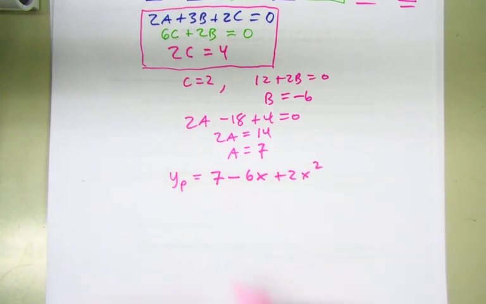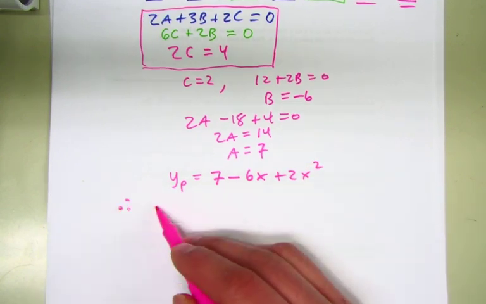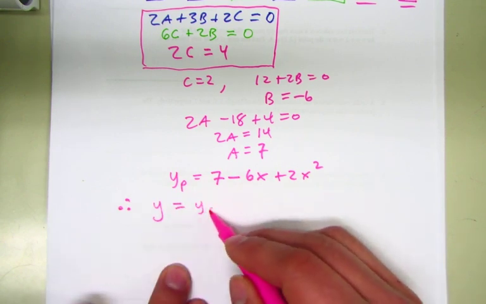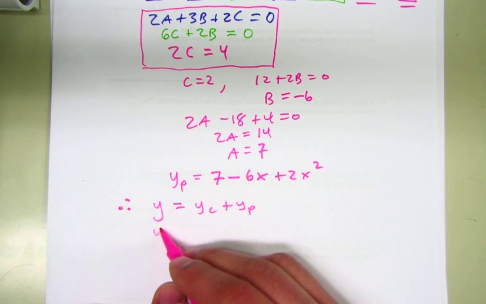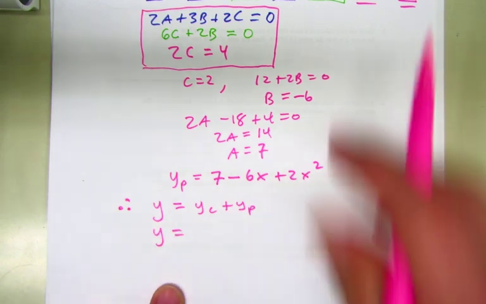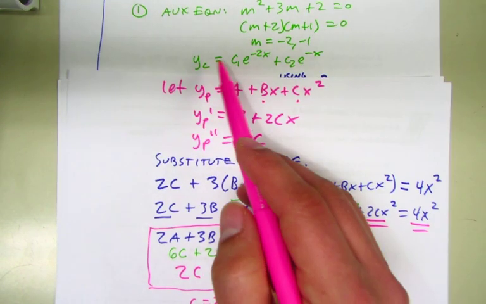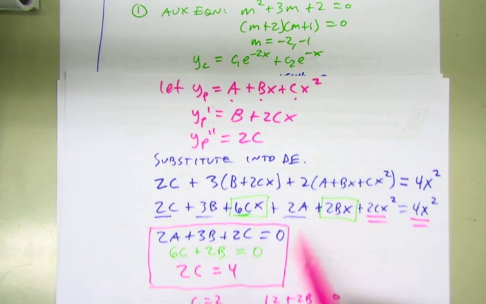And therefore, the general solution, remember the general solution is complementary plus particular using the superposition principle. So we're going to add the very first solution we got all the way back in step 1, which is this complementary solution right here, and then we're just going to add that with the particular.